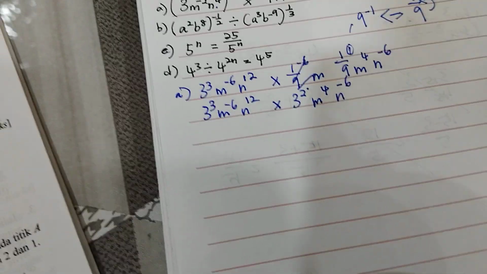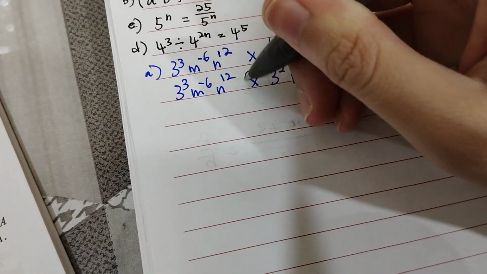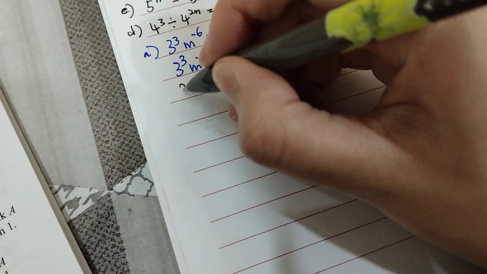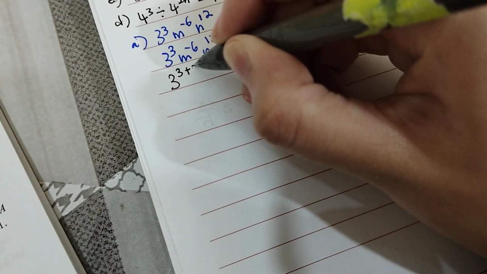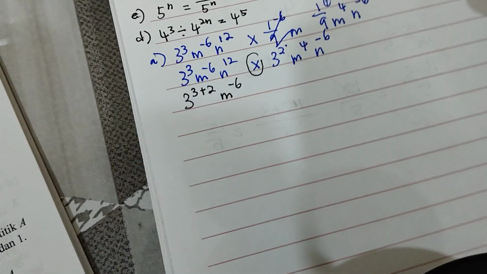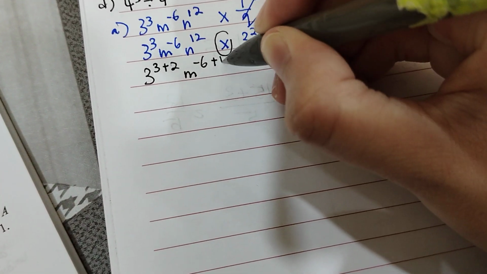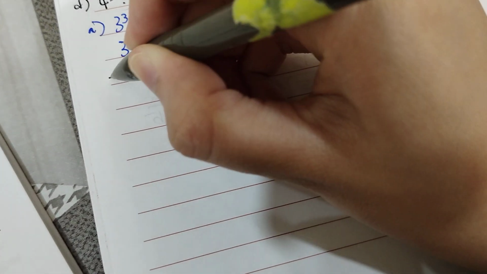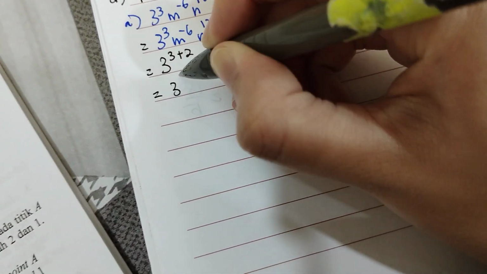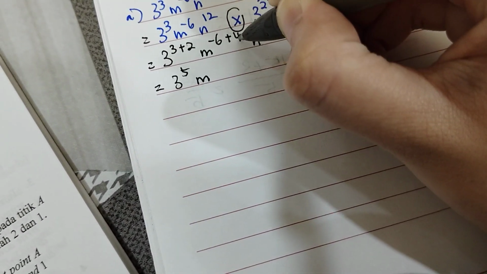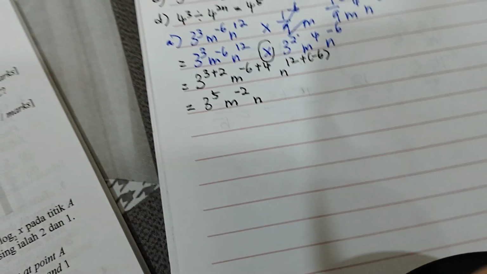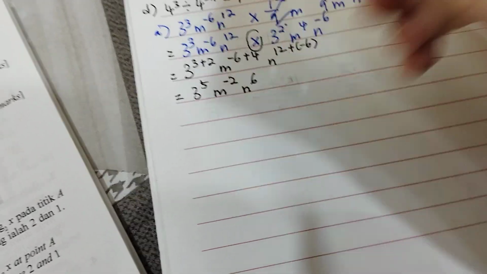Now we can simplify this even more. This is a times relation, so the indices will add: 3 plus 2 is 5, m to the negative 6 plus 4, that is negative 2, and 12 plus negative 6, so you get a positive 6.